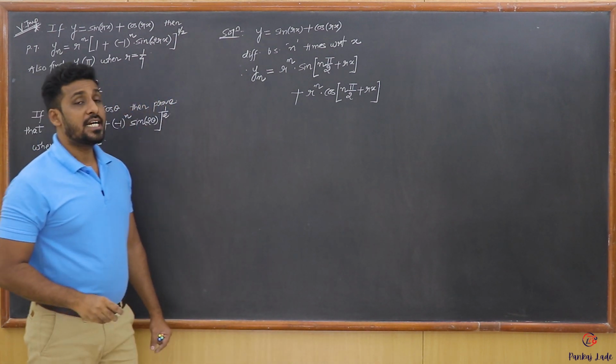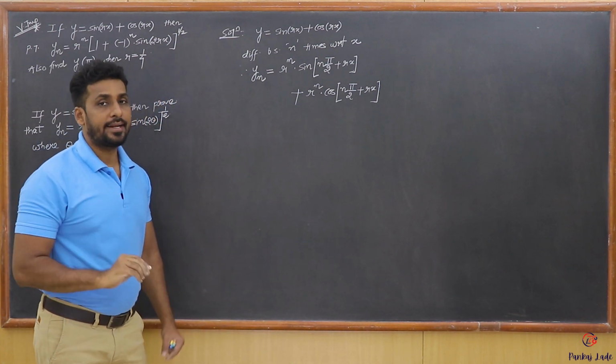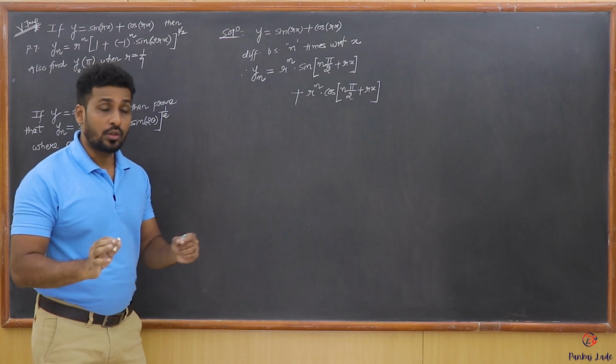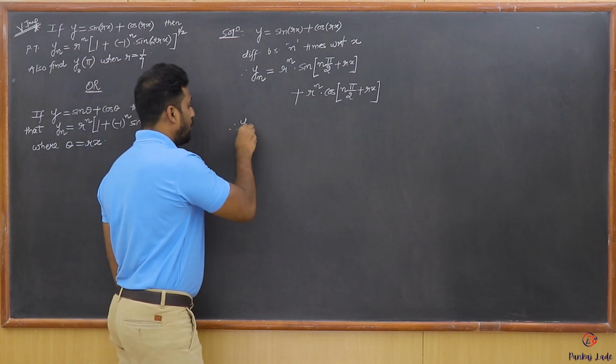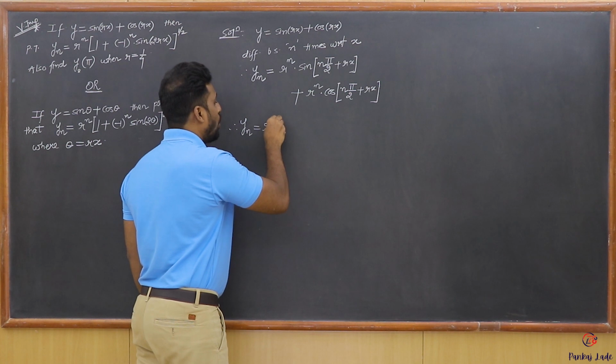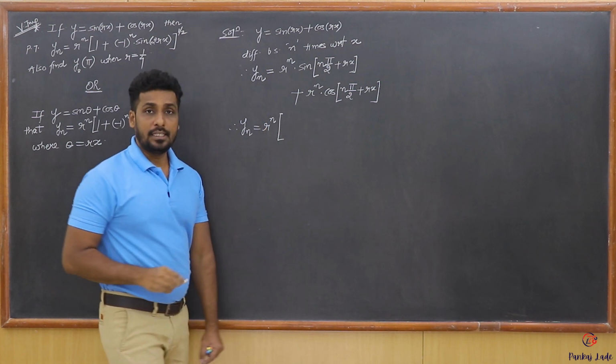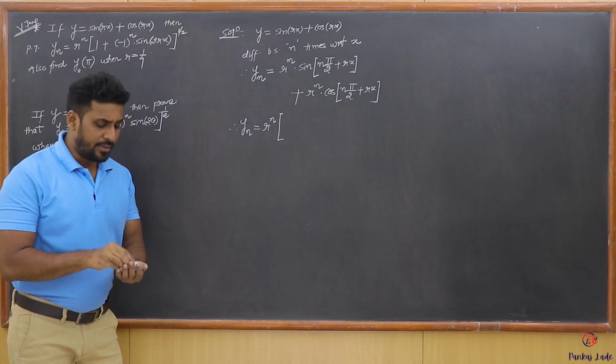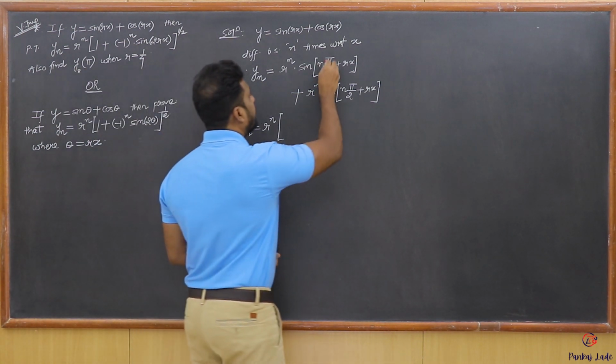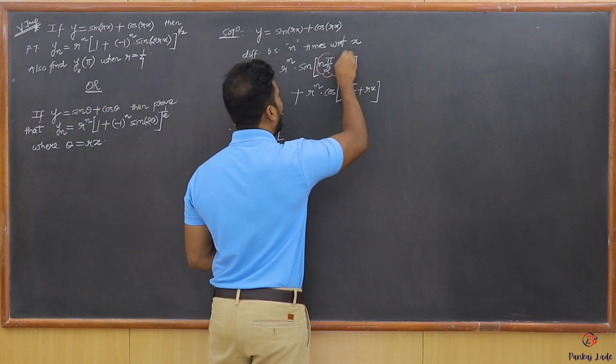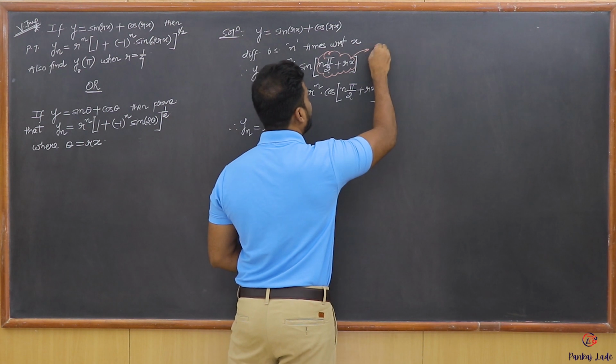Now you can very easily understand that the r raised to n can be simply taken out common from the two terms. So my next step is going to be yn is equal to, you have taken out r raised to n common, isn't it? Now for some time, is it okay to call this n pi by 2 plus rx as say phi?